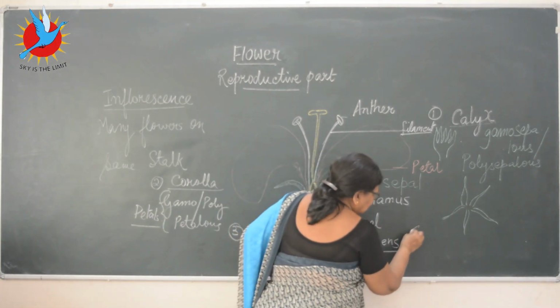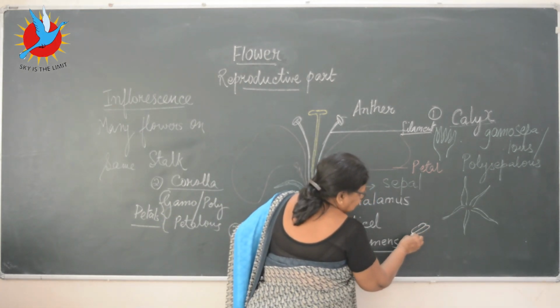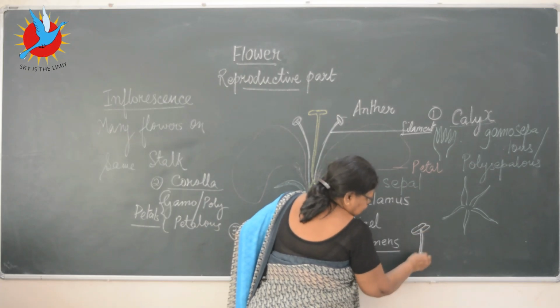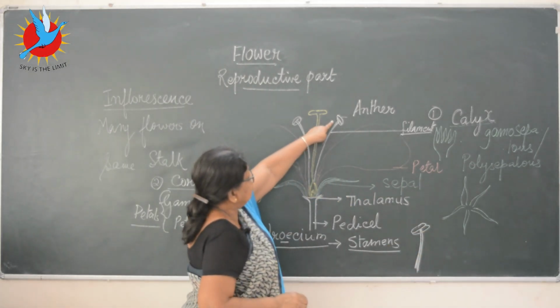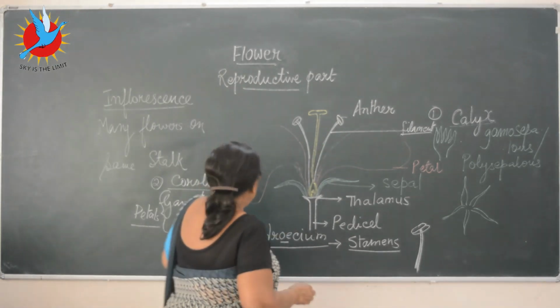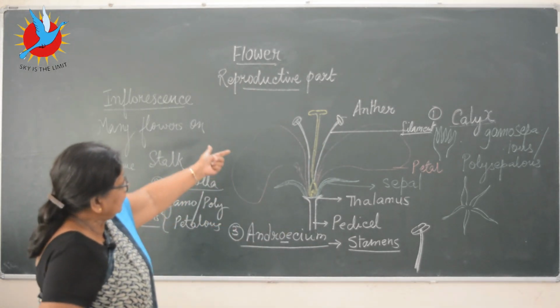So stamens are anther and filament. I've already labeled here anther and filament. Now we'll take this innermost whorl.